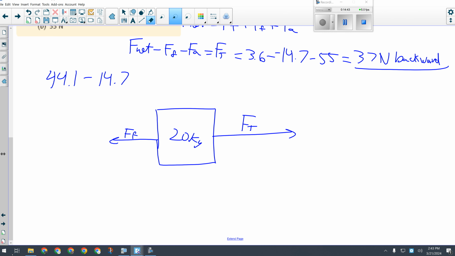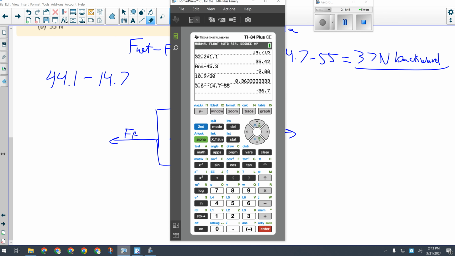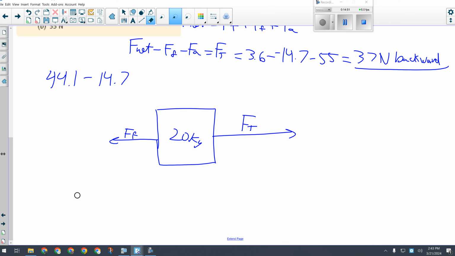Okay? So I do that and I get the force of friction here. All right, so the force of friction is 29.4 newtons. Okay, is the acceleration of this block still 0.36 meters per second squared? It is, because it's part of that system, and the whole system has to have that acceleration. Can I find the net force on the 20 kilogram block?